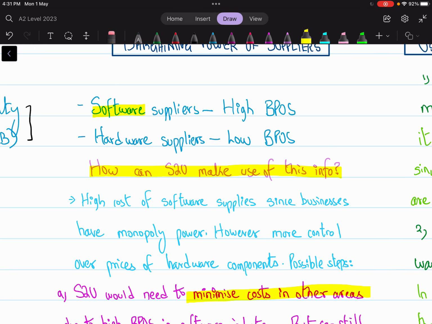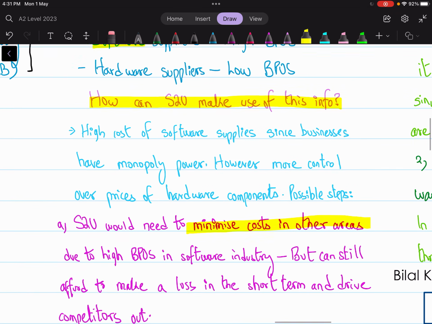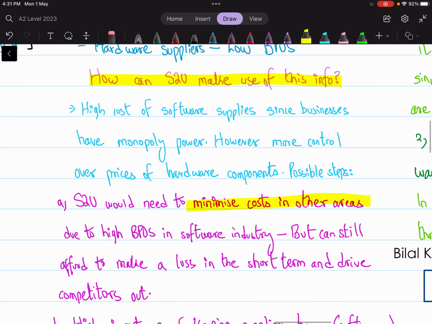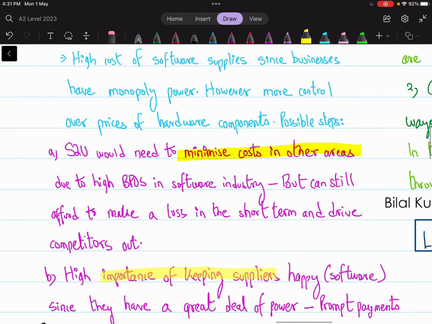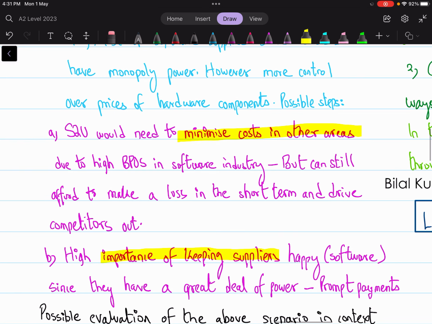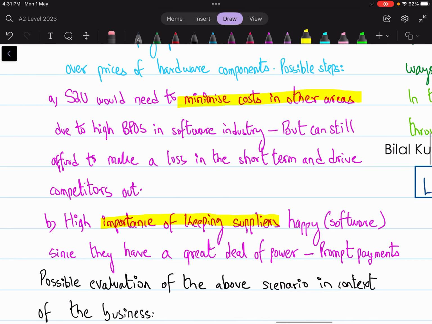What can you do to minimize your cost in other areas, because you still need to protect your profits, all right? And likewise, this also suggests the high importance of keeping suppliers happy, especially the ones which are providing you software services. But then again, you need to evaluate this piece of information as well.